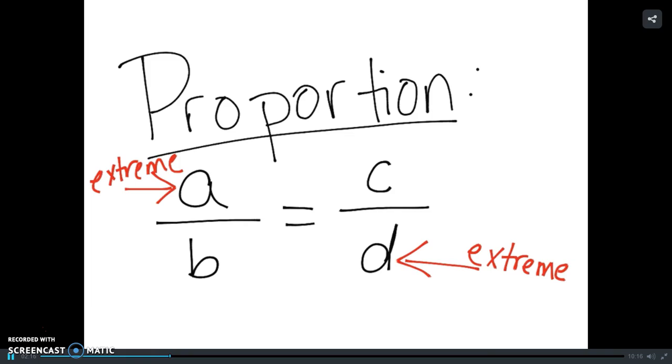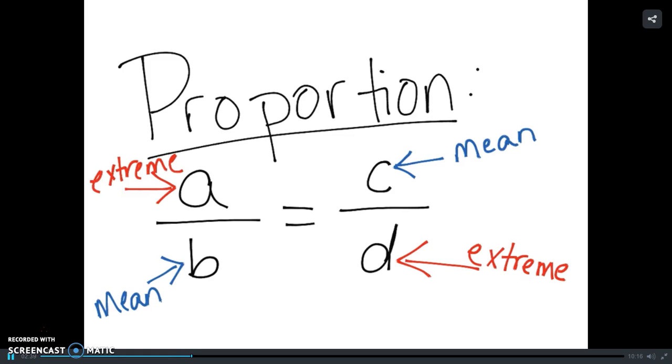You just need to learn this vocabulary. We'll talk about it more in class. The two middle terms, in this case B and C, are called the means.